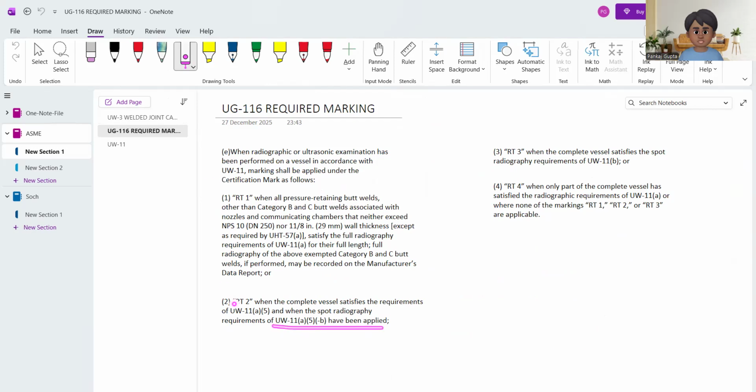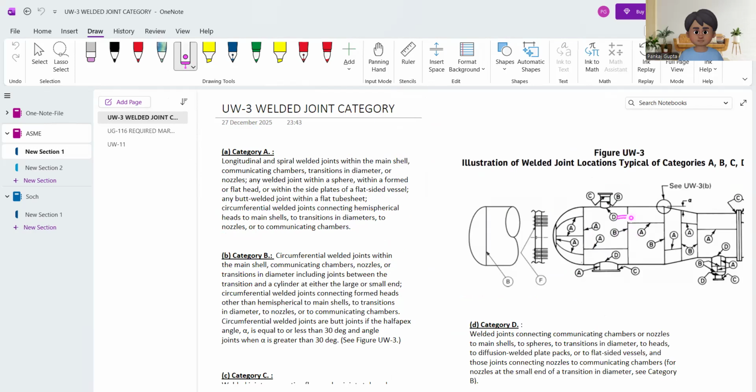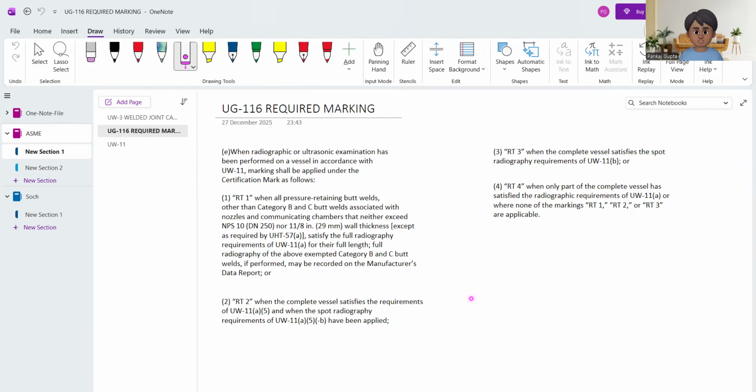That is nothing but the spot at the T joint needing to be covered. So we are doing the complete long seam plus the T joint, and that comes under the RT2 category. We need to follow full radiography of the long seam and spot radiography at the T joint.